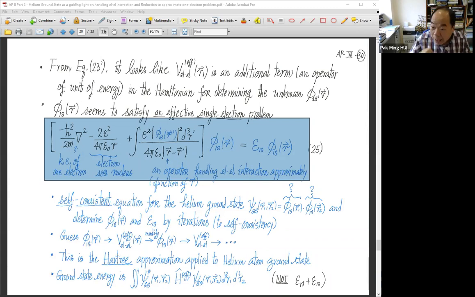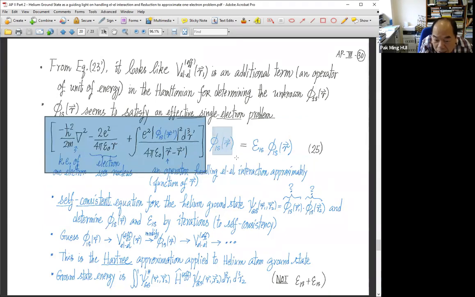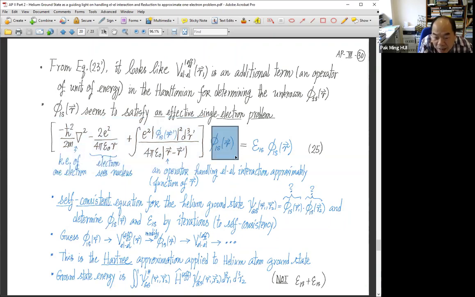Now let me explain. It looks as if it is a Hamiltonian acting on the unknown that we want to find, which is the 1s state. If we can solve this, it will give us the 1s state, the wave function, and the 1s state energy. That looks quite nice.